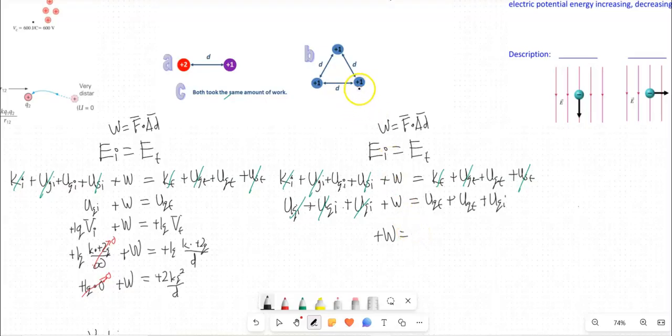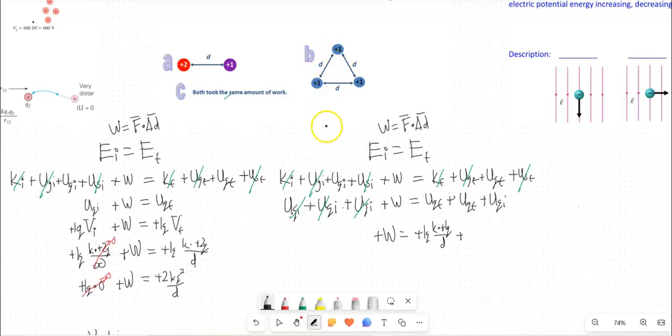Now, when we put these together, I'm basically getting to this point right here. We're going to take this positive Q. This positive 1Q is being acted upon by this other positive 1Q, so that's going to be K times positive 1Q, and they're a distance d apart. Now let's do this guy being acted upon by this guy. These two we already took care of, and that's their mutual potential energies.